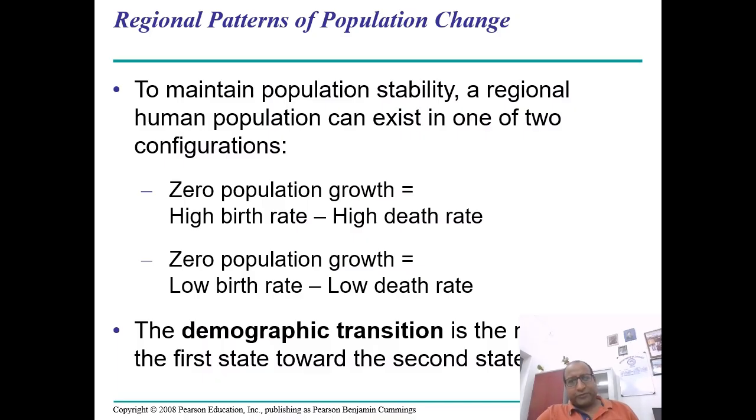To maintain population stability, regional human population can exist in one of two configurations. Yes, human population can be controlled by certain factors, and at any given time, the population will exist in one of two modes. That is high birth rate and high death rate. If birth rate is high, death rate is also high.